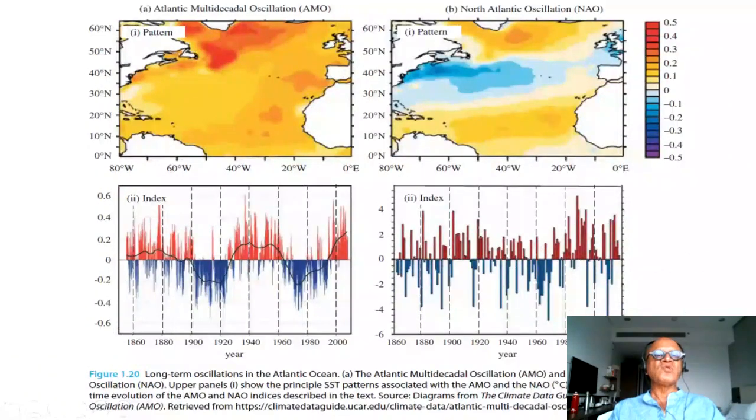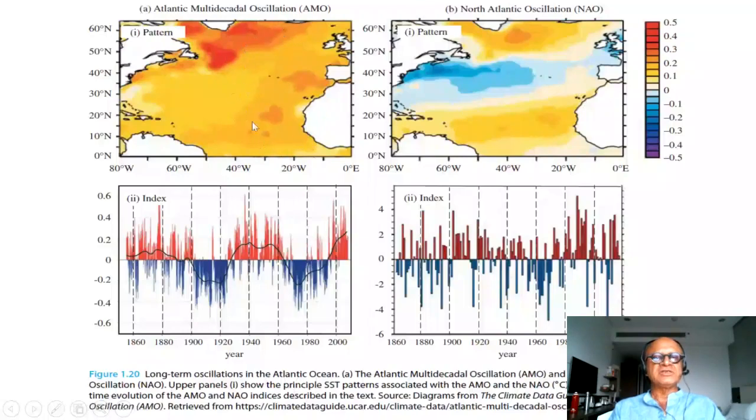So there are other modes of variability at much lower frequencies, like the Atlantic Multidecadal Oscillation, North Atlantic Oscillation. You can see this tripole pattern here with this kind of time scale. This is basically measured as a pressure difference between the Icelandic high and the Azores low, somewhere here, and this is measured as a sea surface temperature anomaly.